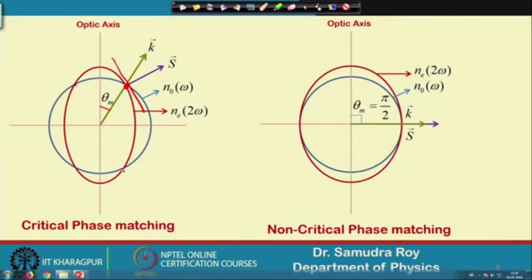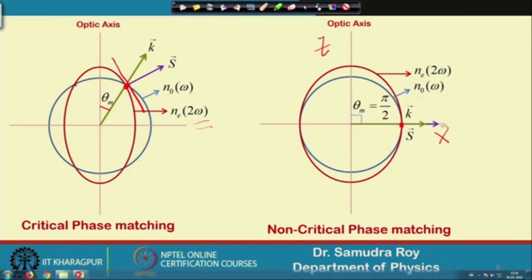These are other directions where cutting is also possible, but here we can see that if I increase this n 2 omega, then there is a possibility that they are cutting exactly over the x axis, because this is the x axis and this is my z axis or optic axis.